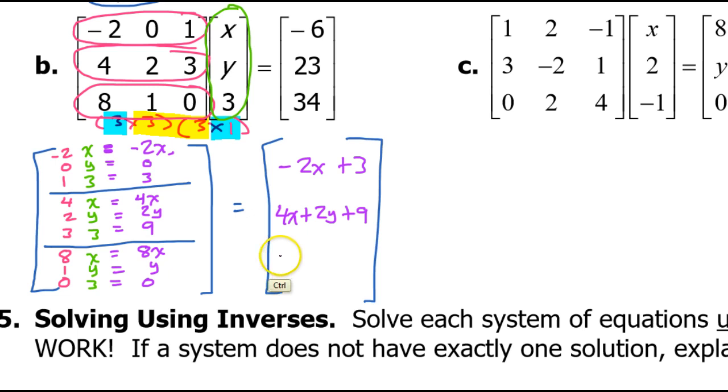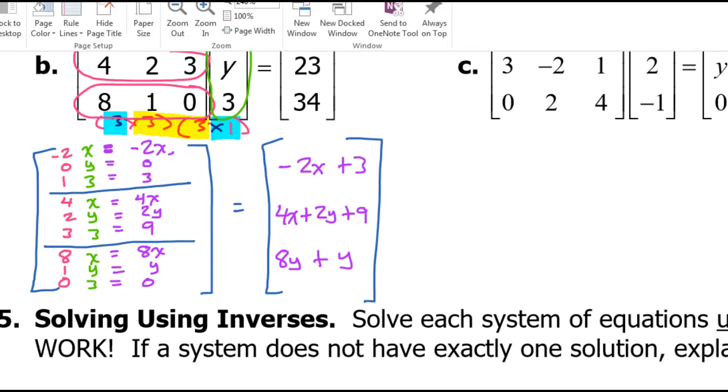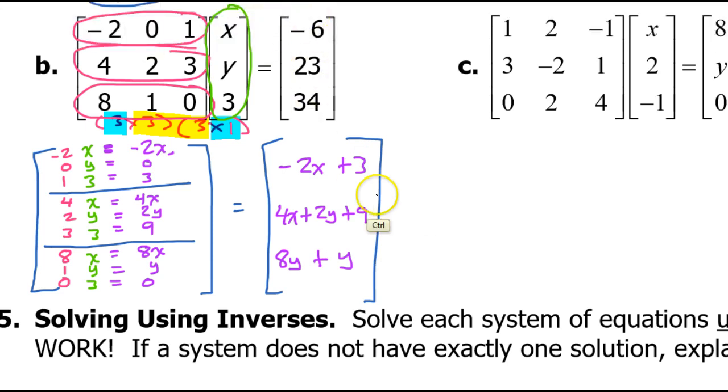And for the third row, I'm going to have 8x plus y. And all of this then has to equal this answer matrix over here. It has to equal negative 6 and 23 and 34.